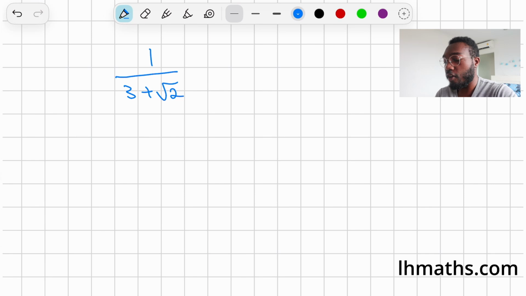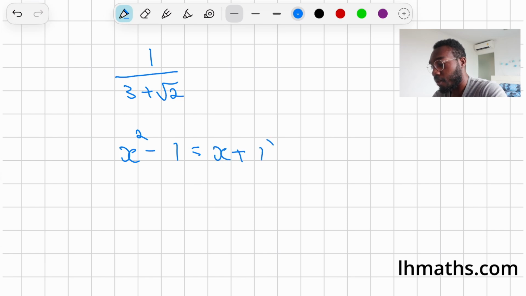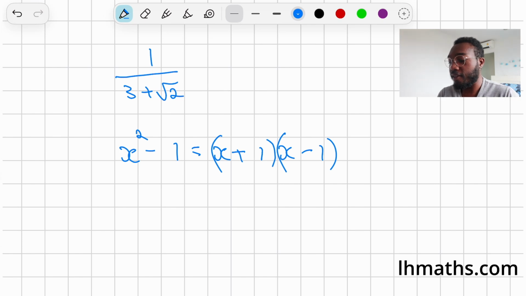Remember when we had something like x squared minus 1? We know that equals x plus 1 times x minus 1. That's why I say you want to think of it like that, because we can apply the same method to these types of questions.